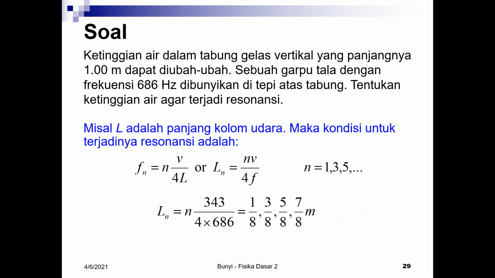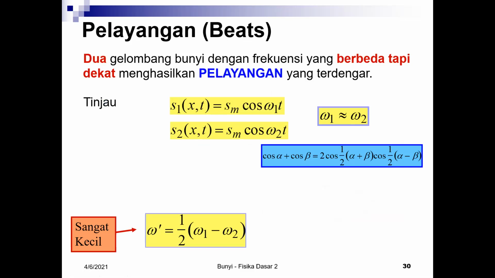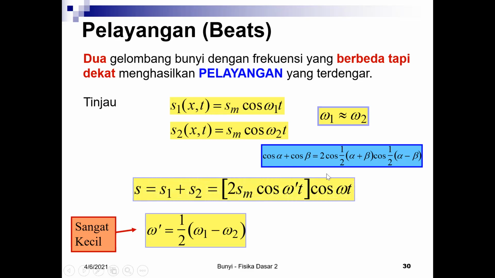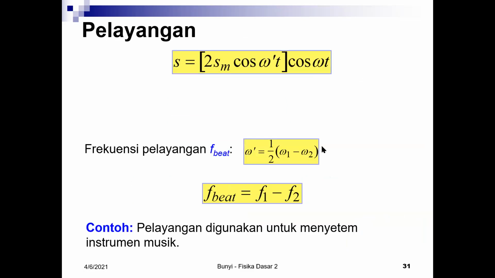Kemudian kita membahas garpu tala yang terkait dengan pelayangan. Pelayangan adalah misalkan ada dua displacement yang berbeda frekuensi tapi sama amplitudenya. Nanti akan didapatkan omega prime yang merupakan frekuensi rendah dengan frekuensi tinggi yang disebut omega.